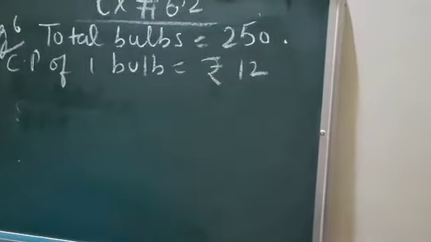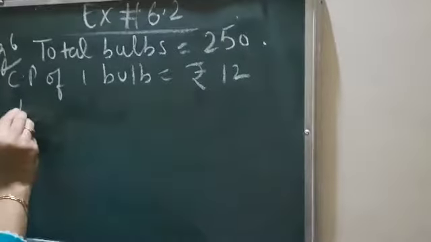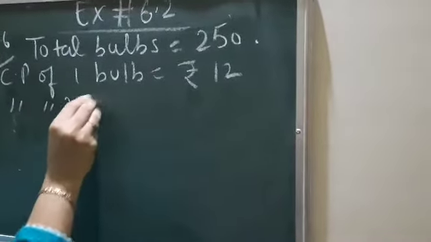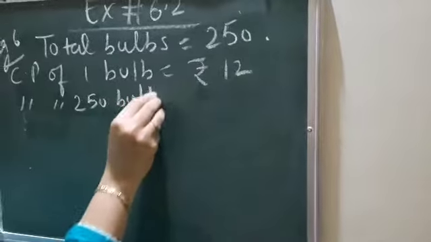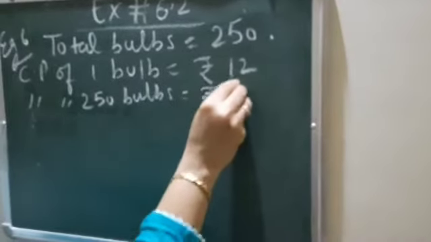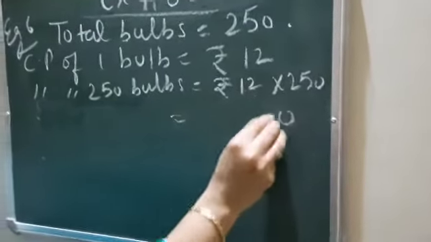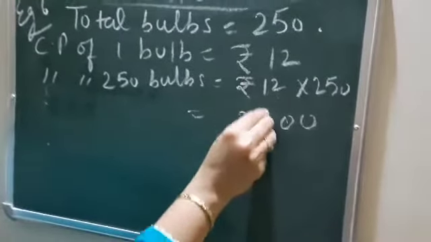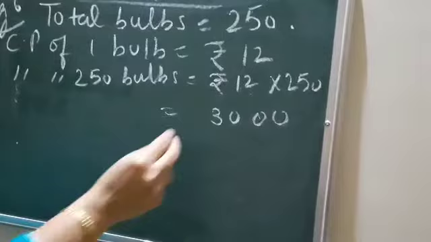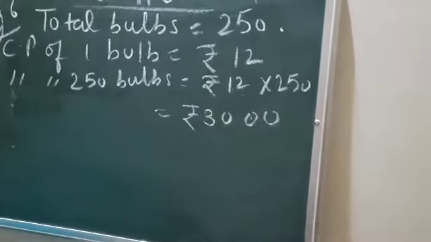Now, if one bulb is 12 rupees, what is the cost price of 250 bulbs? You will just multiply 12 into 250. So it is 3,000 rupees.